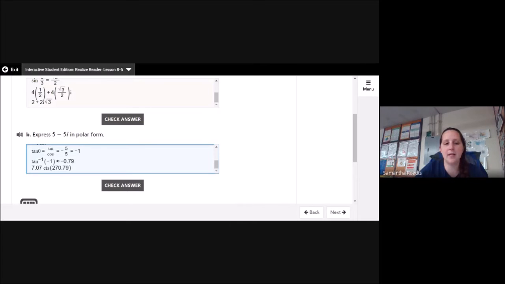And I get a tangent of negative 1 when I have 7 pi over 4. So instead of 7.07, I could also have 5 square root of 2 cis 7 pi over 4.